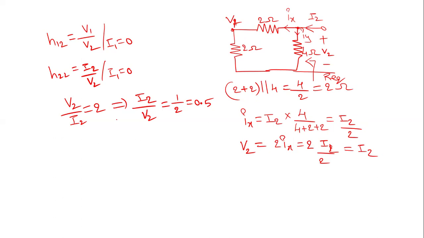What is this node voltage? This is V1. V1 is equal to I2. So H12 is V1 in terms of I2, which is I2, divided by V2 in terms of I2, which is 2I2. So this is 1 by 2, equal to 0.5.